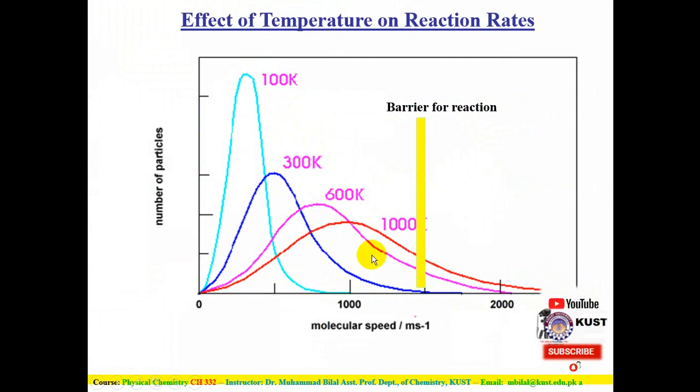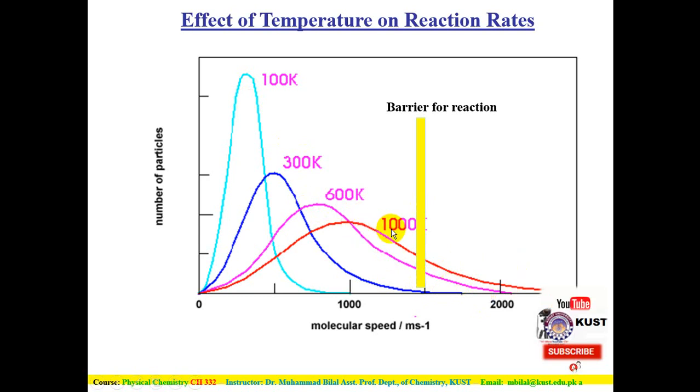At lower temperature, no molecules have the activation energy needed to cross the barrier, so no reaction will take place. If you go to 600, a small fraction of molecules will cross the energy barrier and the reaction will start, meaning reactant converts into product.